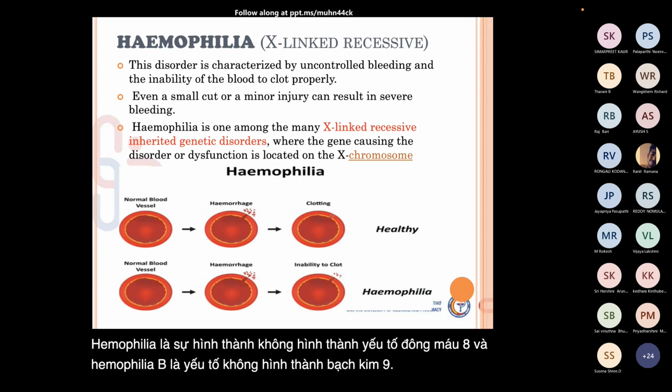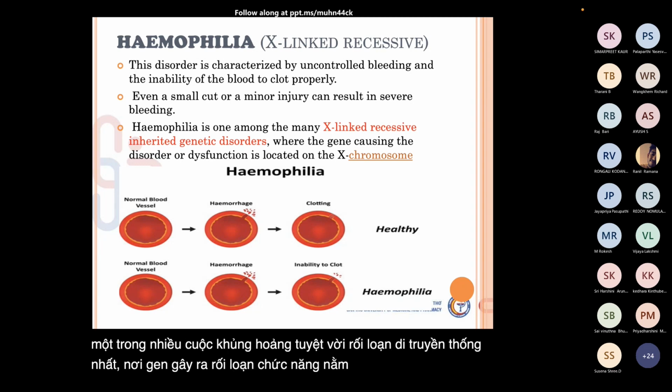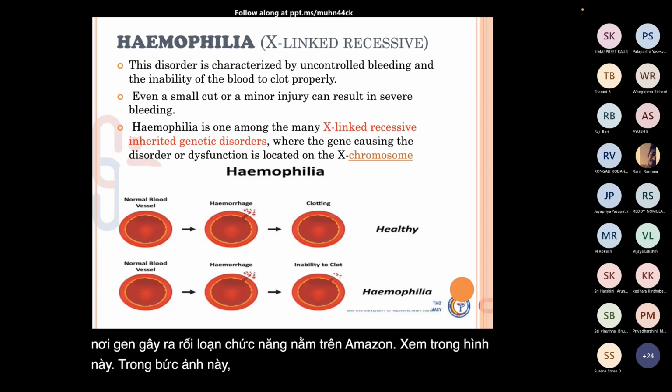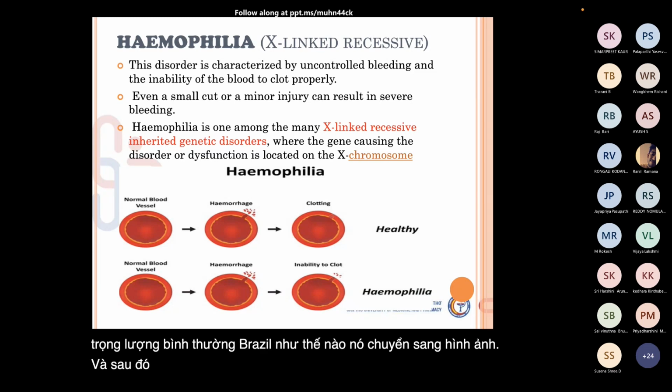Hemophilia is one of the many X-linked recessive inherited genetic disorders where the gene causing the dysfunction is located on the X chromosome. In this picture, we can see a normal blood vessel, how it turns to hemorrhage, and then clotting. We can compare that in a healthy person and hemophilia.